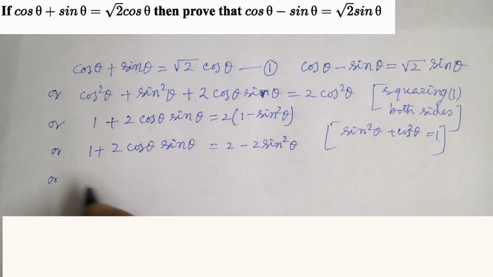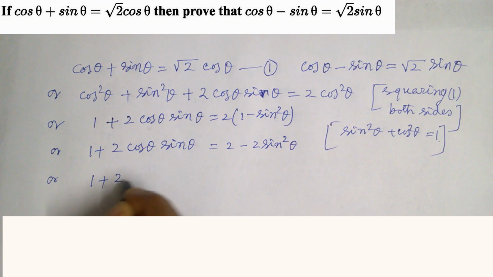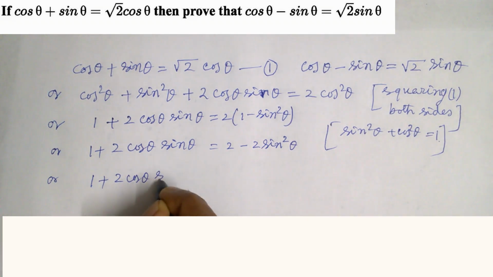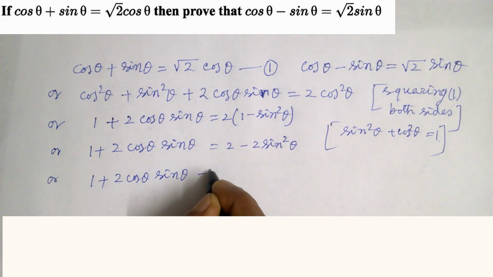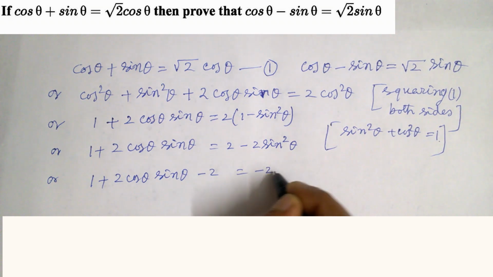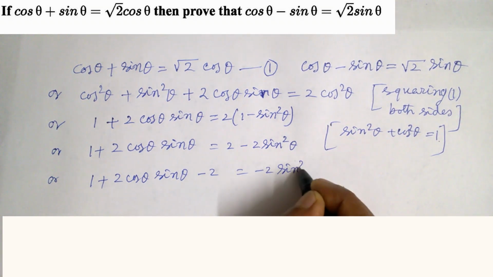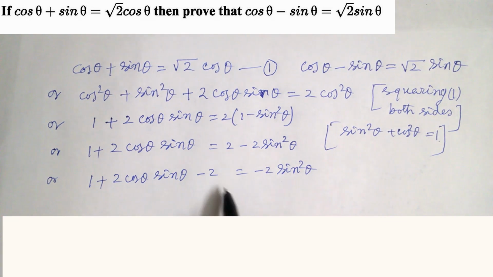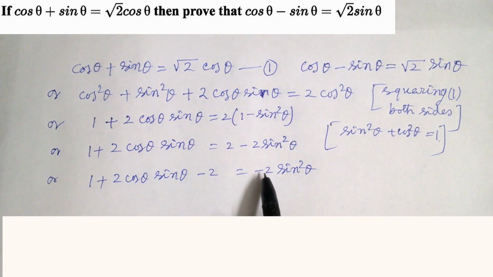Transpose 2 to the left: 1 plus 2 cos theta sin theta minus 2 is equal to minus 2 sin square theta. So we should make this minus as plus.